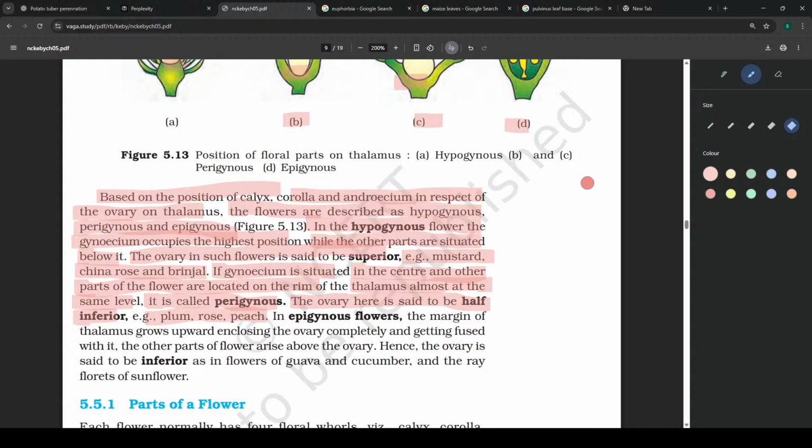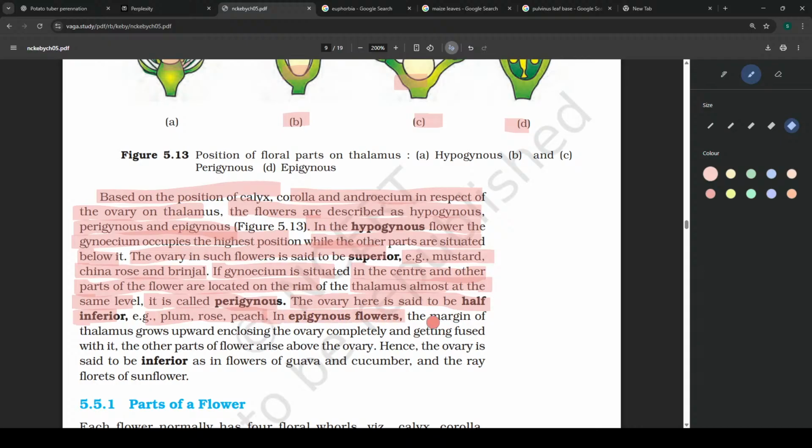If the ovary is situated at the center and calyx and corolla arise around the rim of the thalamus, it is called a perigynous flower. This we can see in peach, plum, and rose. The superior ovary we see in mustard, hibiscus, and brinjal. In case of perigynous, we see plum, rose, and peach.